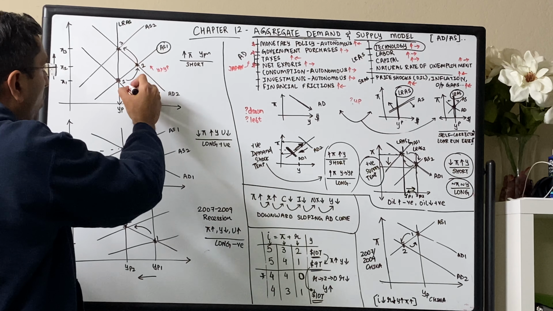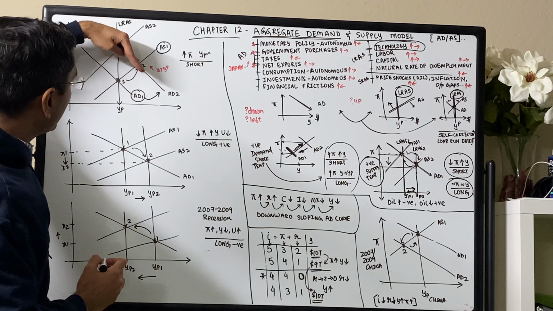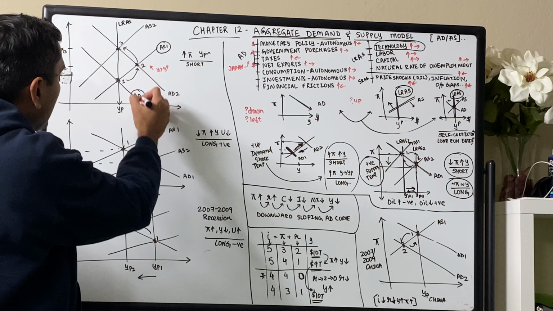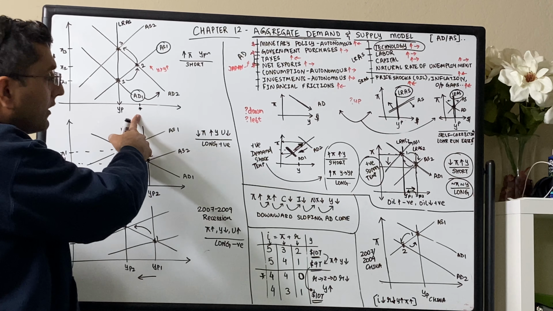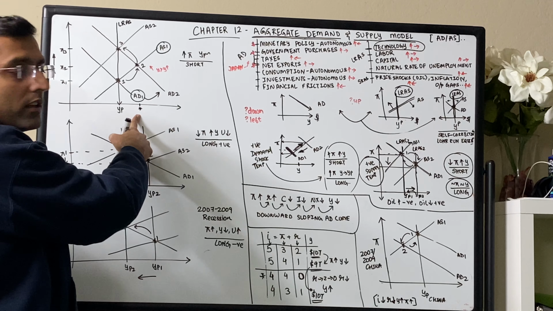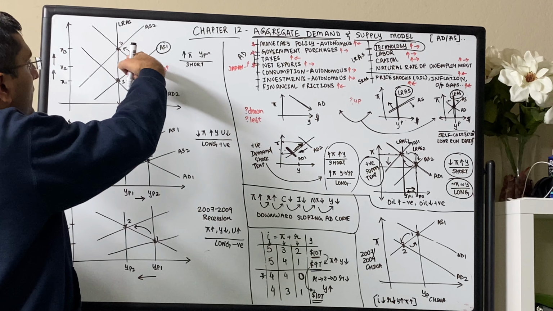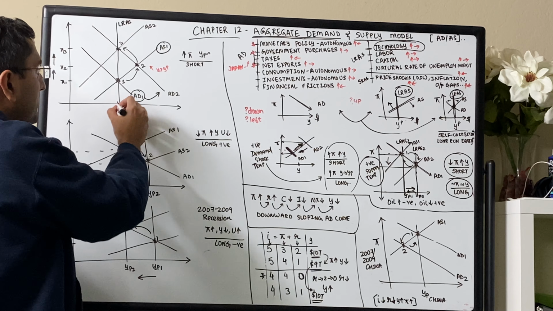So it moved from 1 to 2. So the AD1 got shifted. But then this point here, this output is not the potential output in the long run. So then what happens? This AD2 now intersects and moves back to YP.